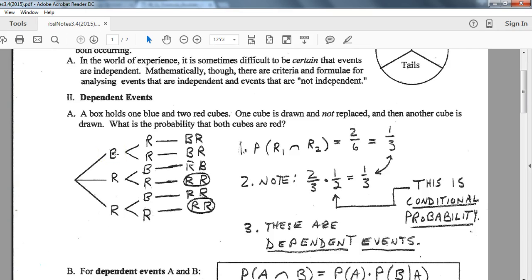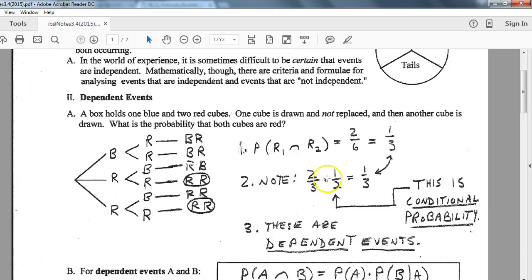So if I pick a blue one, here's all that's left. It's either red or red. And so these are the 2 potential outcomes I could get from that. If I pick this red one, here's what's left. There's either a blue one left or a red one left to choose from. And then same thing down here. So this is my sample space, or the possible outcomes that I could have.